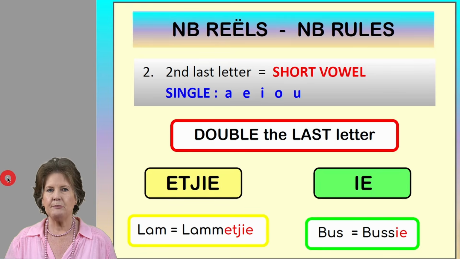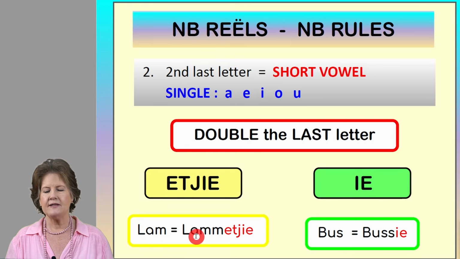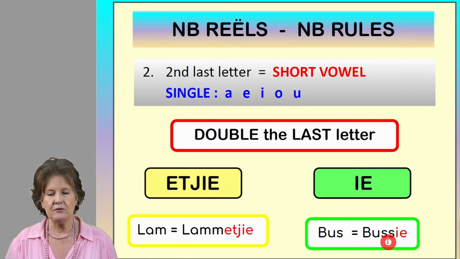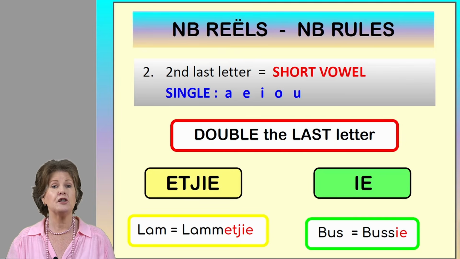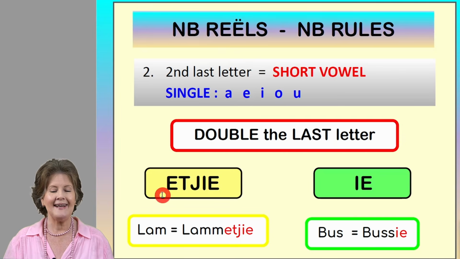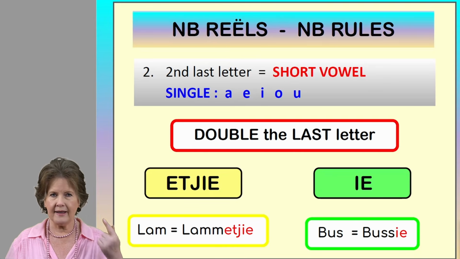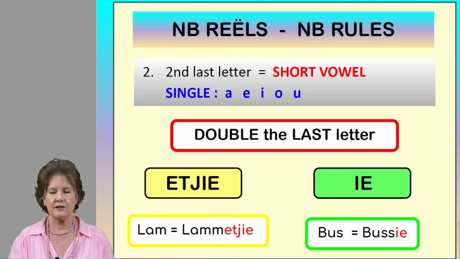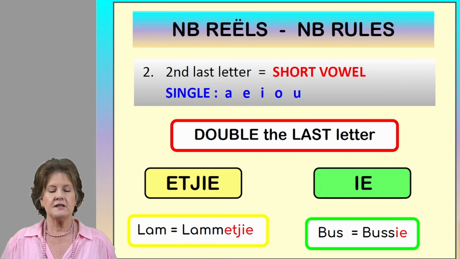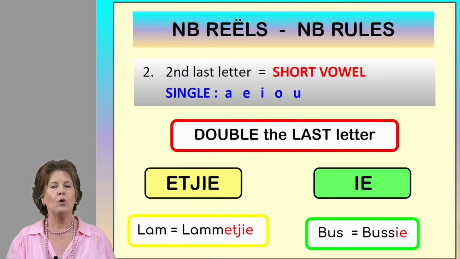It's just like in plural, you double the last letter, you double the M, you double the S. Can you see that? But now you must learn. You double the last letter and then you've got a choice between TJIE or IE. As I say, pronounce it, don't spell it, so that you can hear it, okay, when you say it to yourself in assessments. So do you say lammie or lammetjie?